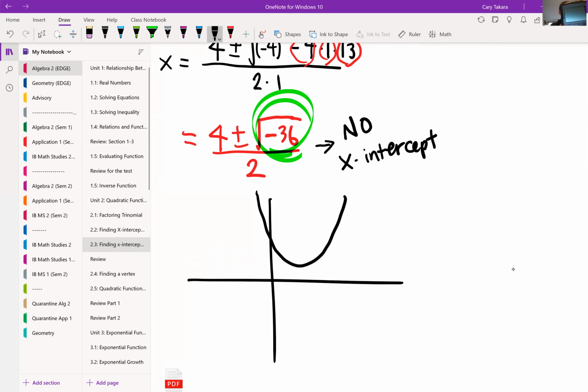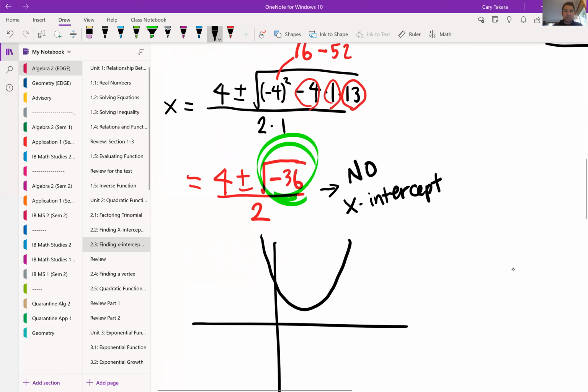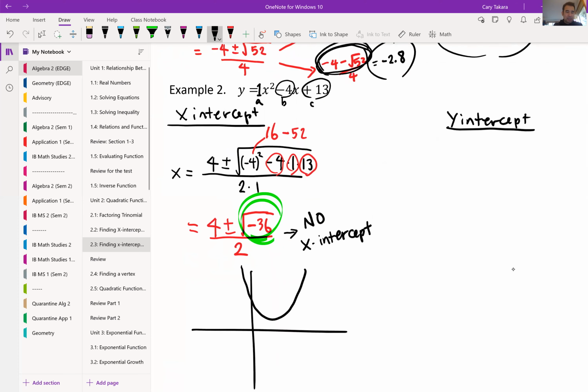Now let me show you another thing. Let me graph it, okay? So let's write it down: x squared minus 4x plus 13. You see this? There's that equation, and I'm going to graph it. Let me show you what happens. So I press graph.